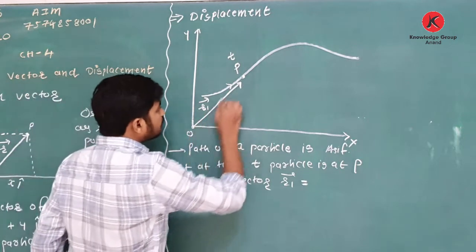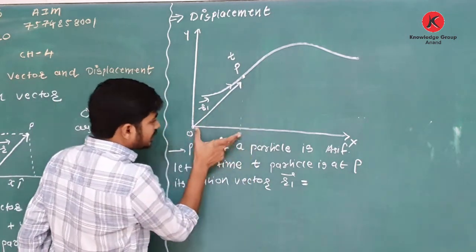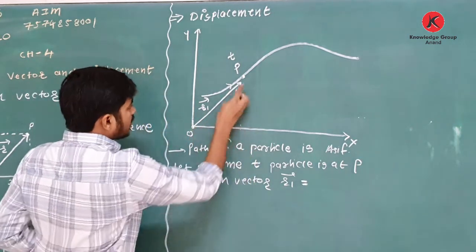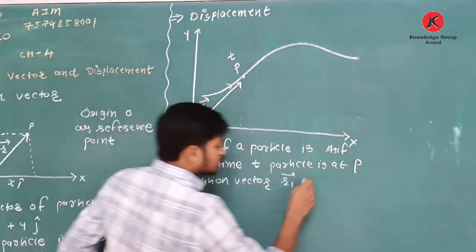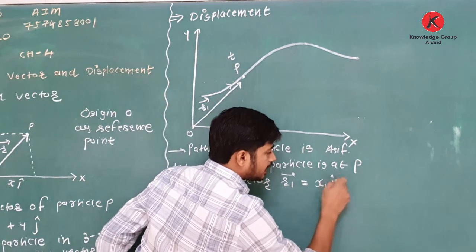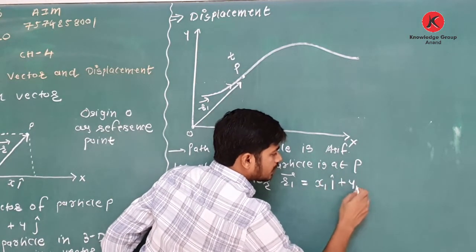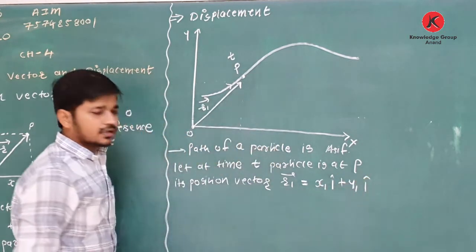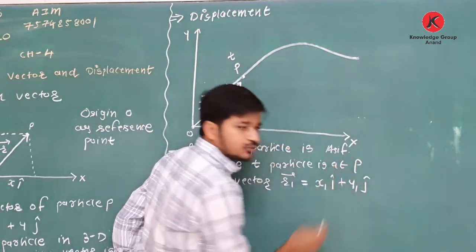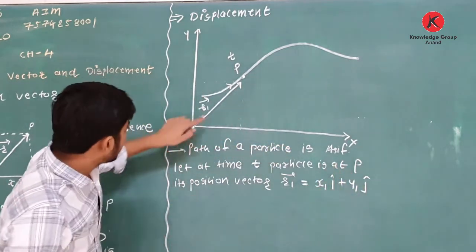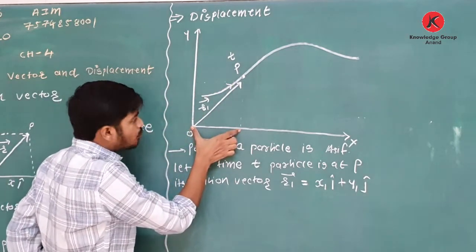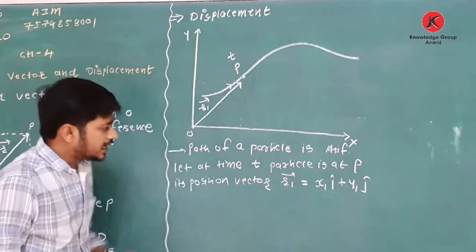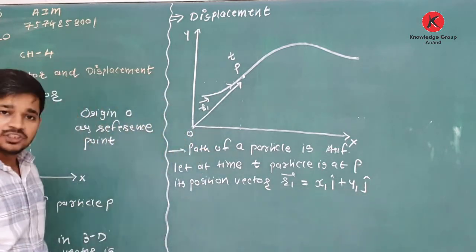Here if it is R1, then this is its x coordinate and this is its y coordinate. So R1 is equal to x1 i caret plus y1 j caret. Clear about this? It is position vector R1, with x component x1 i caret and y component y1 j caret.